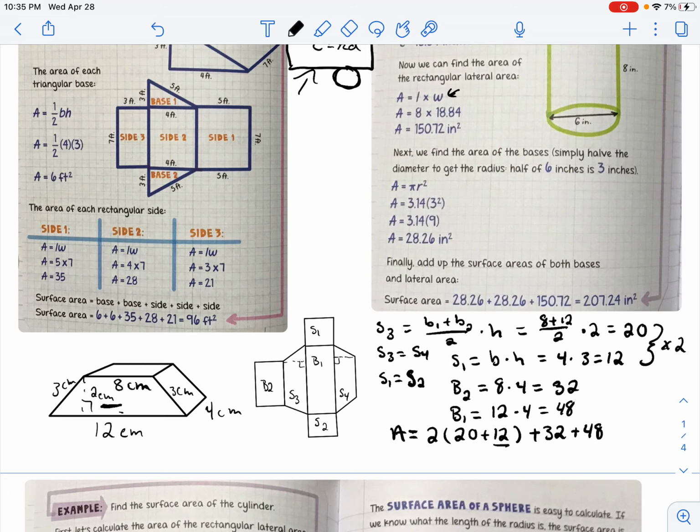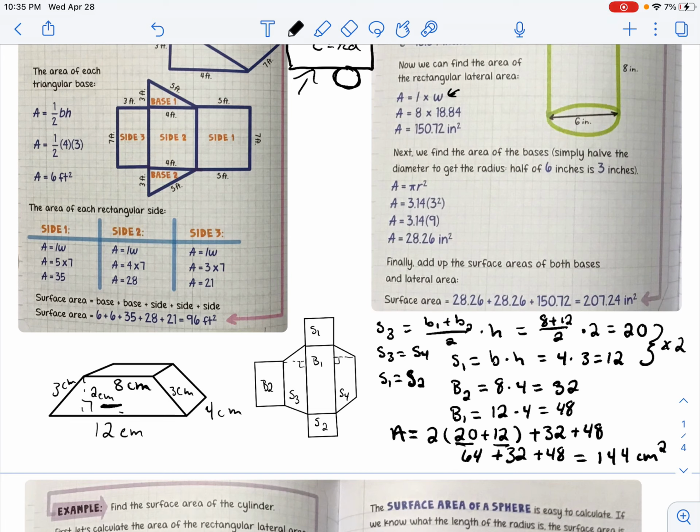And then side 3 is equal to side 4, which is why we're multiplying 20 by 2 as well. So we've got 32 here times 2, which is 64, plus 32 plus 48. When we add these all together, 64 plus 32, that's going to be 96. 96 plus 48 is going to be 144. And our dimensions were in centimeters, so centimeters squared.